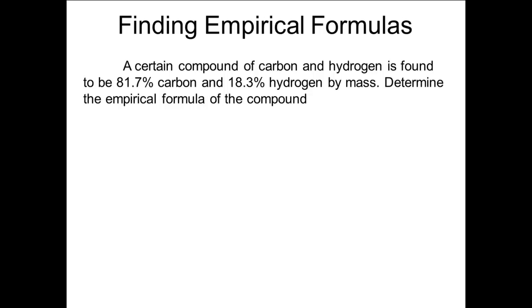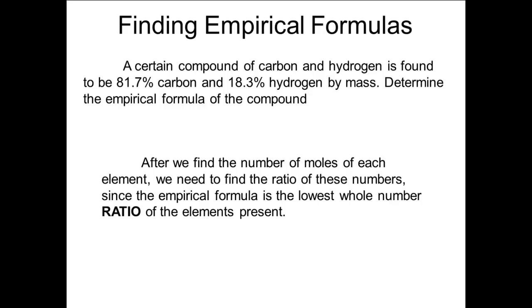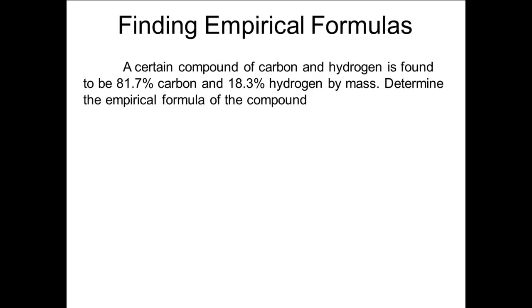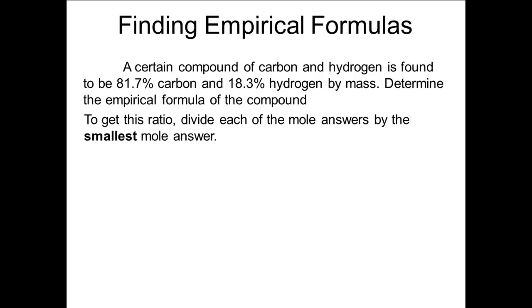Now that we have the number of moles, we need to make a ratio, because the empirical formula is the lowest whole number ratio. How do we find the ratio? We divide each of the mole answers by the smallest mole answer. This will make the smallest number a 1 and all the others larger than that. In this case, the smaller number is the moles of carbon, 6.8020981.